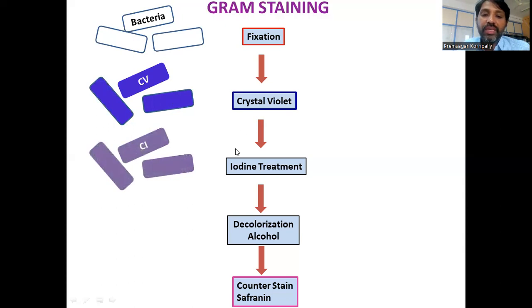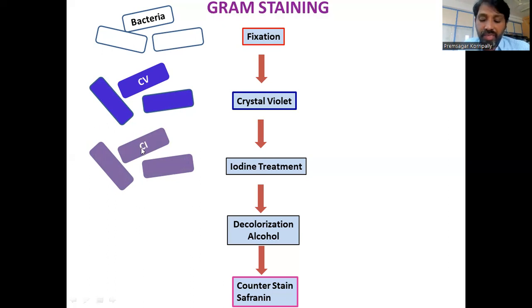Then to fix the crystal violet color, you add iodine, which acts as a mordant. Iodine associates with the crystal violet and forms a large complex called the crystal violet iodine complex. That complex cannot come out of the cell wall, and it will stay with the cell wall and the bacterial cell.